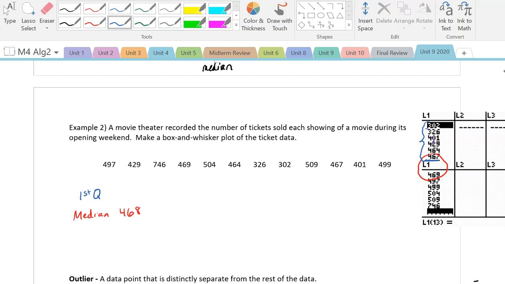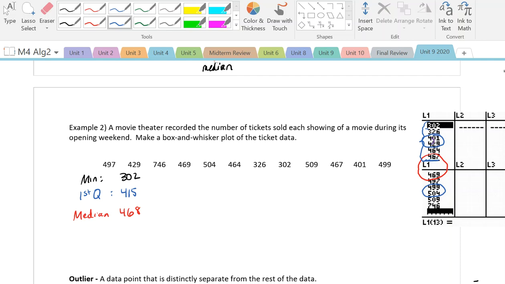Of these I have 6, so I want the average of these middle ones, the average of 401 and 429, which is 415. The minimum is 302.